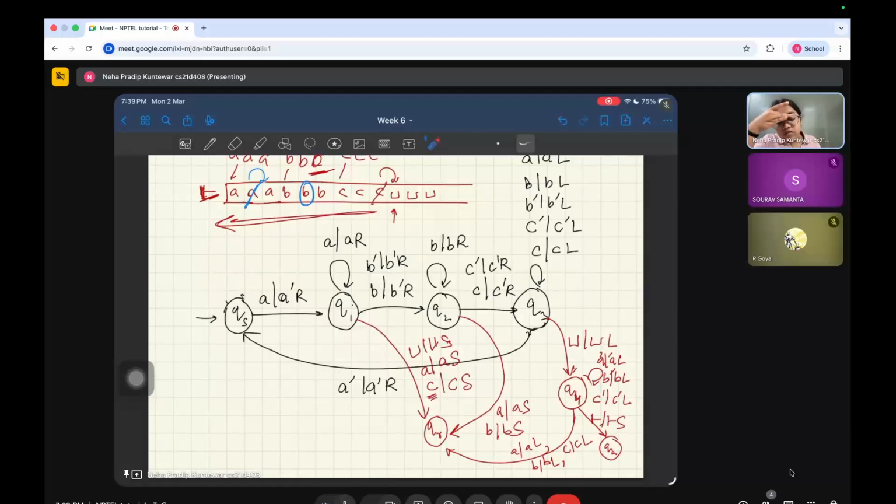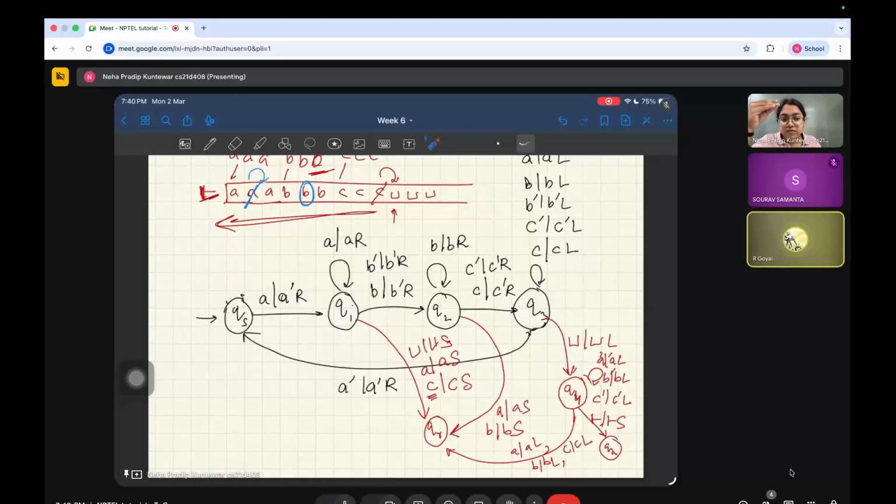Does this make sense? It's basically the same logic that you said, but there are these corner things that we need to write for rejection. Actually, I remember that the Turing machine for this used not to be this complicated.